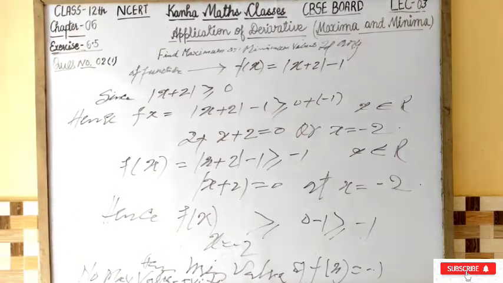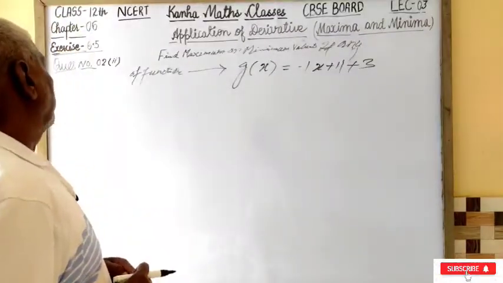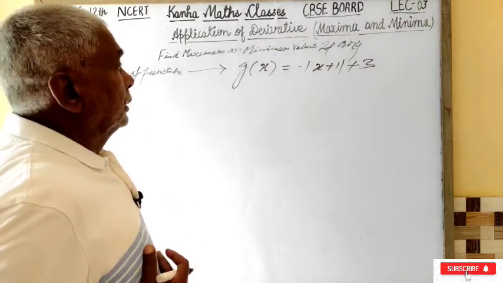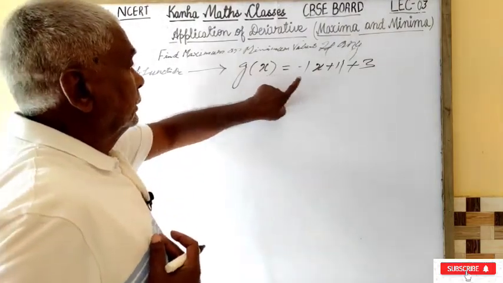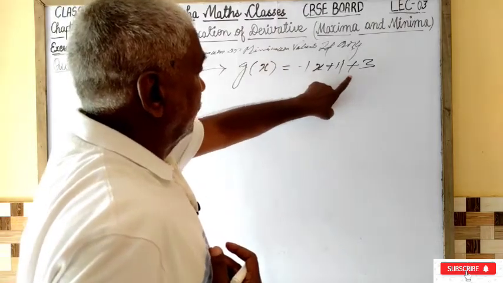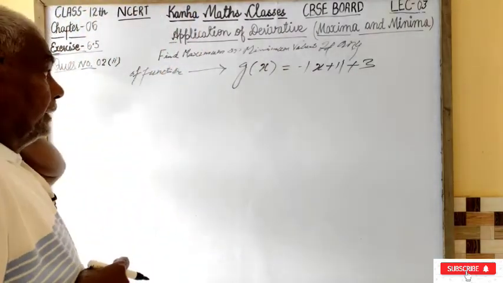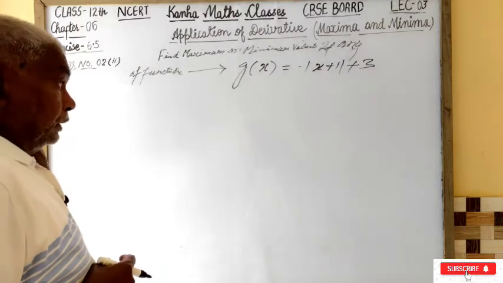Now, in the second part of the same question 2, you have to find out whether g(x) = -|x + 1| + 3 has any maximum or minimum value or not.